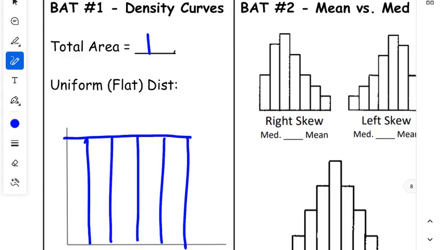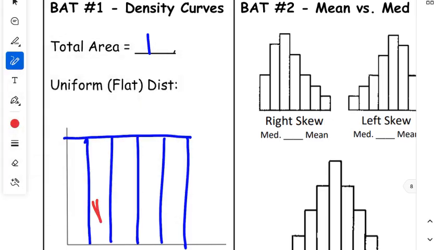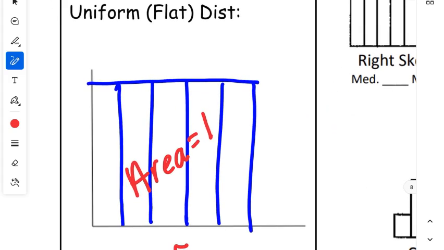Okay, there we go. So we have 5 sections. The area is going to be 1. So we need to talk about the height. So if area equals 1, and there are 5 here. So area, think about area, length times width. So this would have to be 1/5, which means each outcome is equally likely because it's uniform, which each has the likelihood of 1/5.